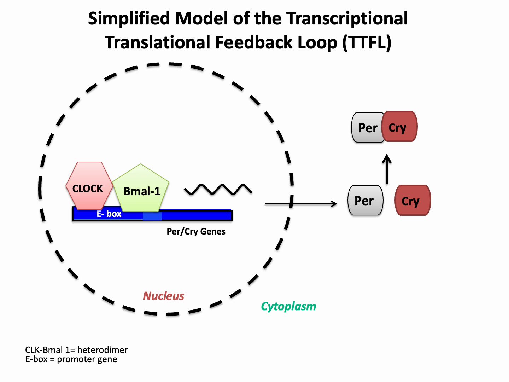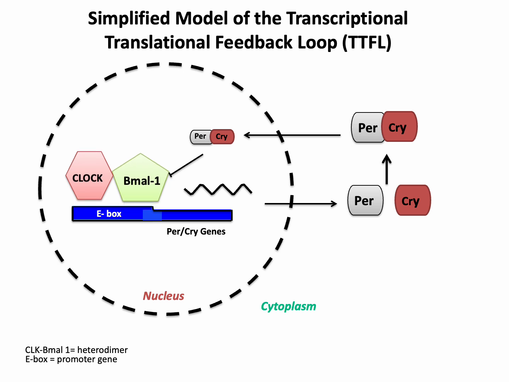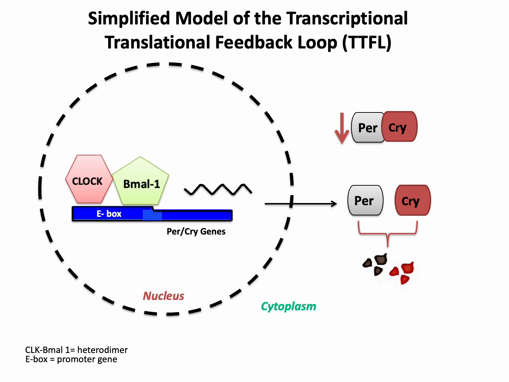This leads to heterodimerization of PER and CRY, and these complexes are then transported back to the nucleus. The PER-CRY complex in the nucleus binds to CLOCK-BMAL1, thus inhibiting PER-CRY transcription. As the PER-CRY level declines because of degradation, the inhibition is lifted, and the cycle starts all over again.